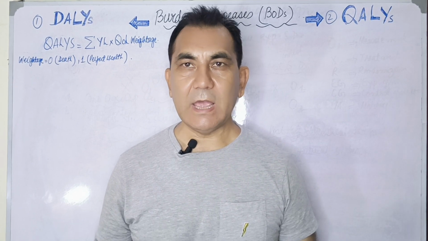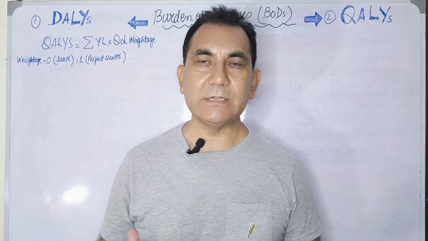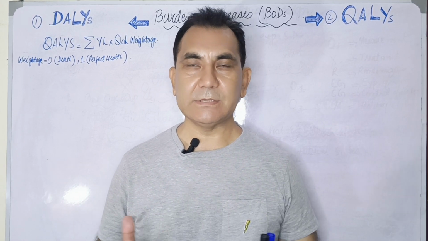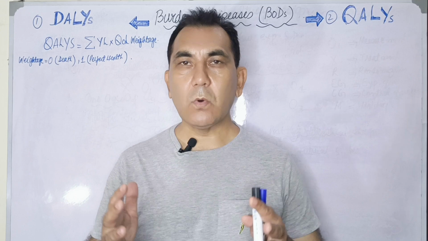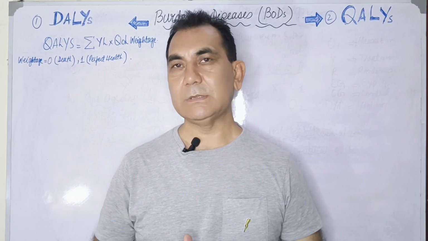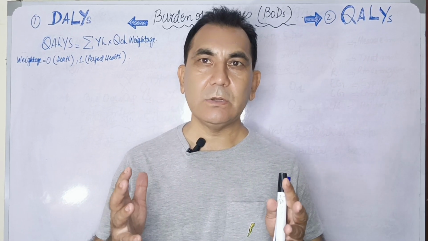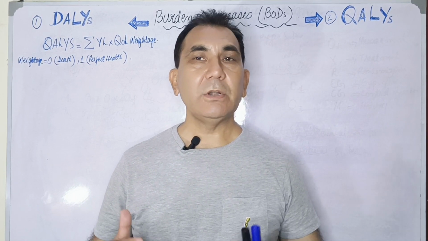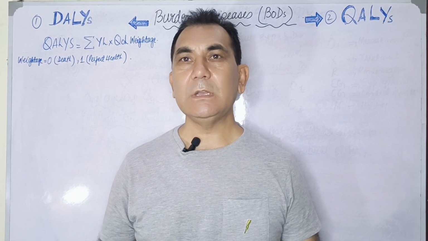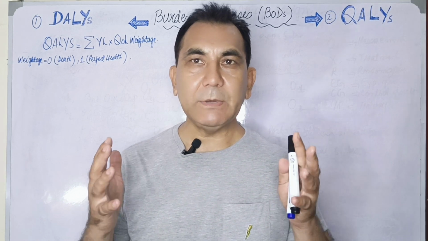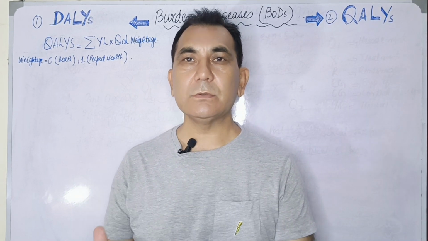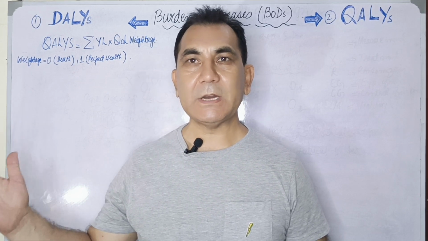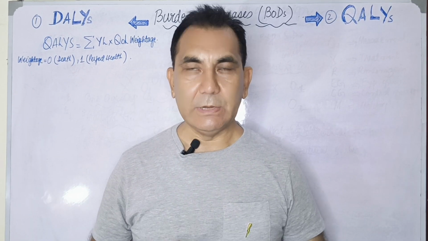QALYs is similar to disability adjusted life years, DALYs. Quality adjusted life years also measures the quantity and quality of life. The quality of life is measured after the implementation of any intervention, and then we see how much expected life the person will live.